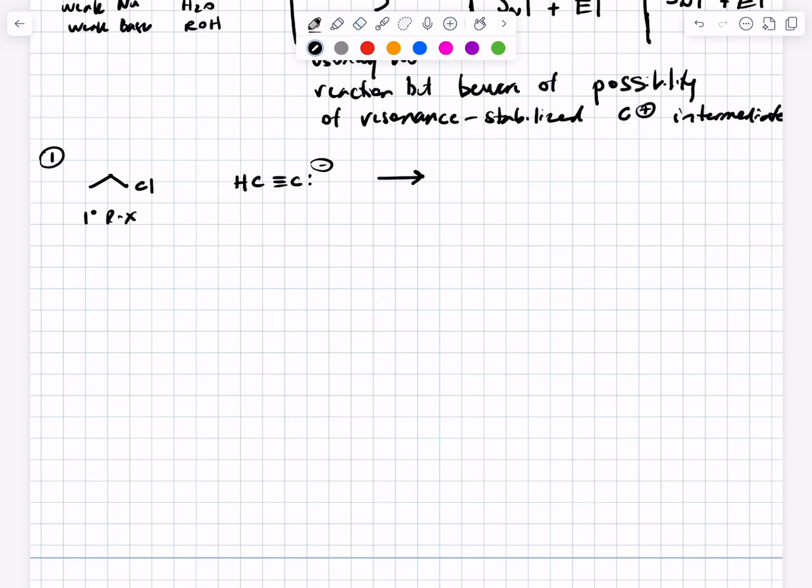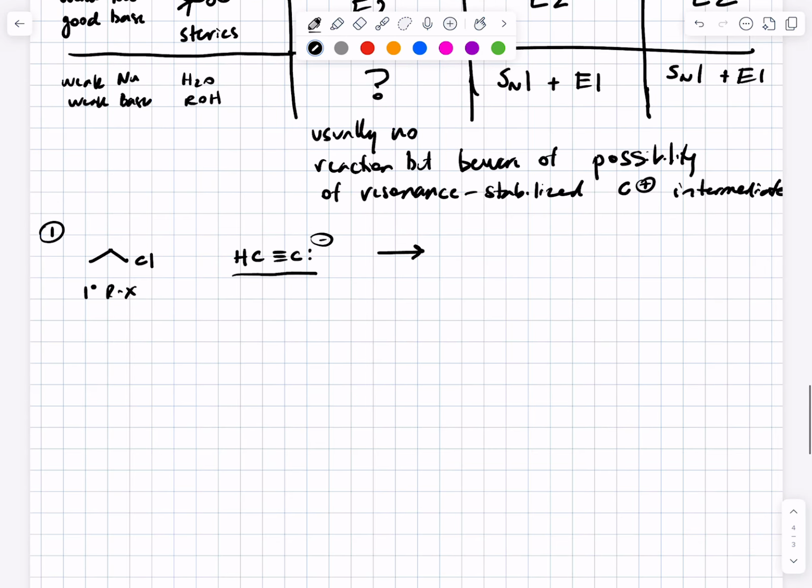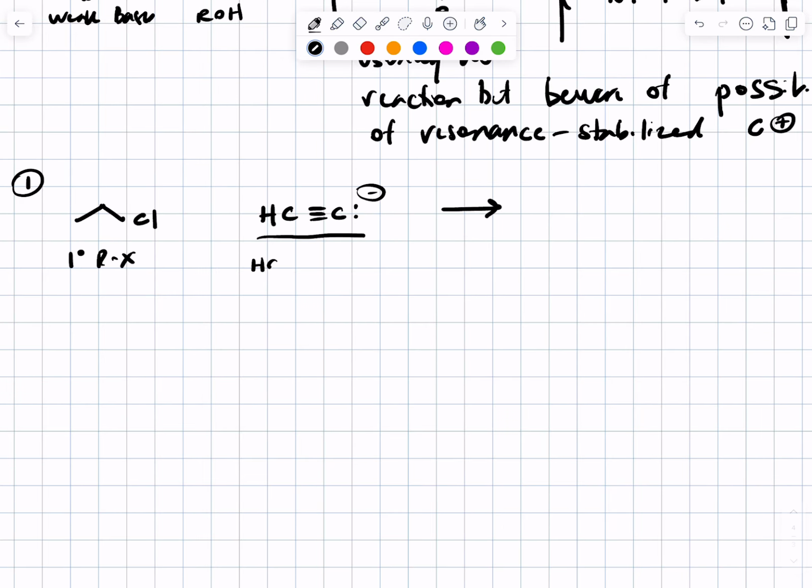Primary alkyl halide. What would this type of molecule be? What category of nucleophile is that going to fall into? Yeah, its conjugate acid is an alkyne whose pKa is around 25. So this anion, which is called an acetylide anion, is both a good nucleophile and a good base.